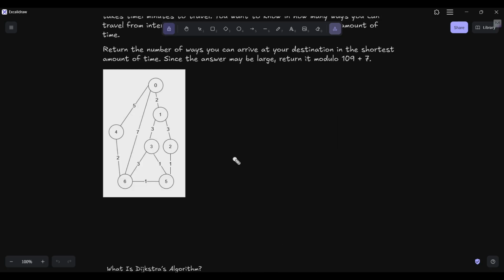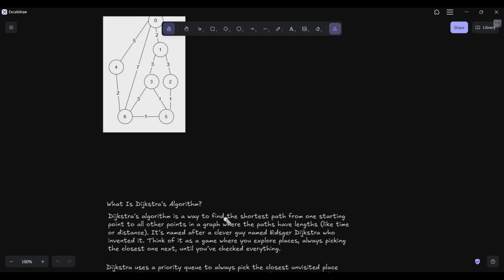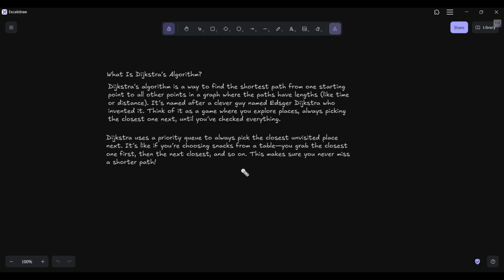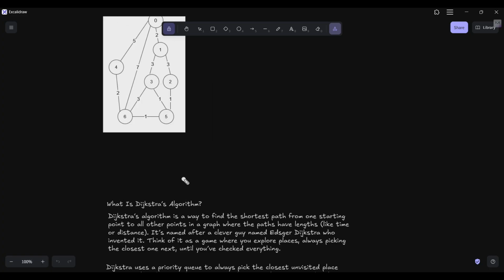So we have to use the shortest time. We are going to use a minimum heap to store the nodes with their minimum time that we can reach there, starting from our source, that is 0. This will make sure that we never miss the shortest path.